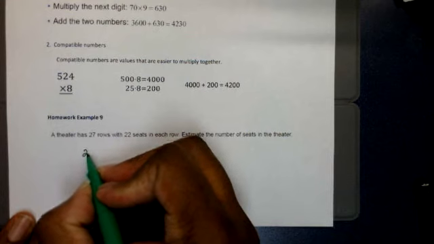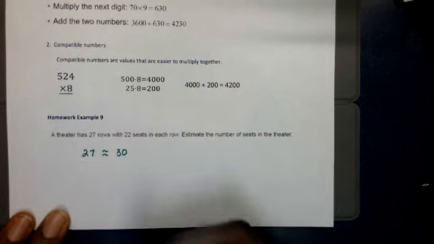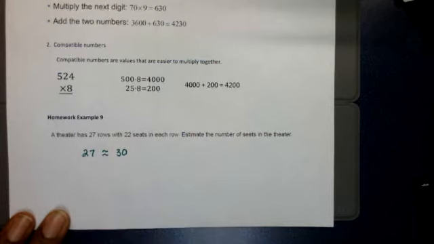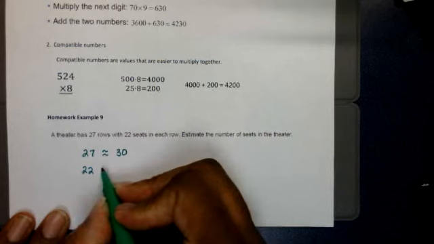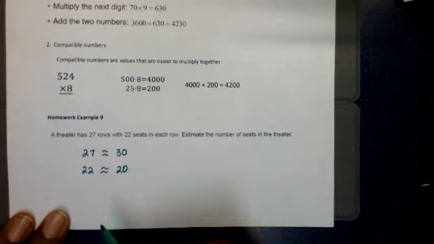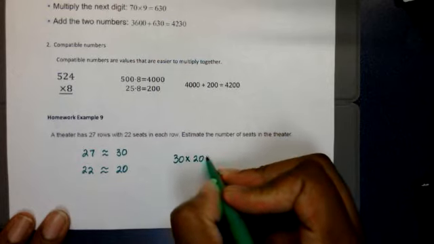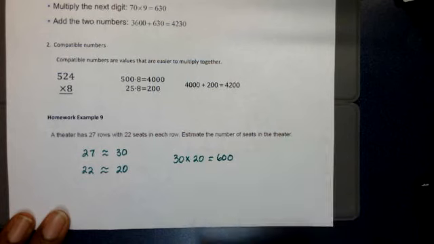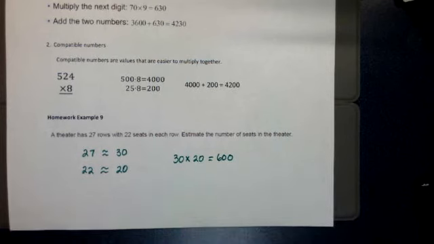This one I'm going to round 27 off to 30, because 27 is closer to 30. 22, let's round that off to 20. And then I'm going to take that 30 and multiply it by 20. That would be 600, because 3 times 2 is 6, and I've got the 2 zeros behind it. So the number of seats in the theater is approximately 600.